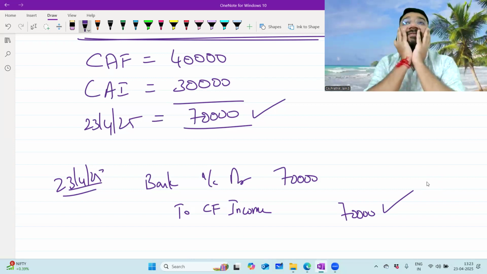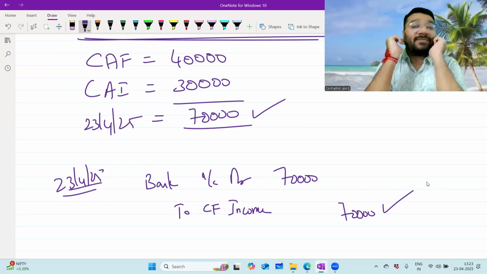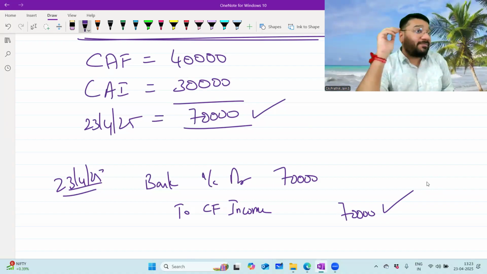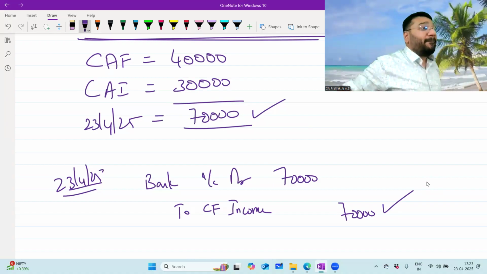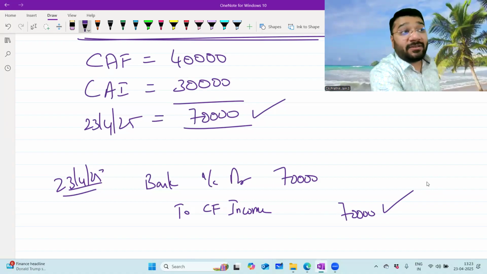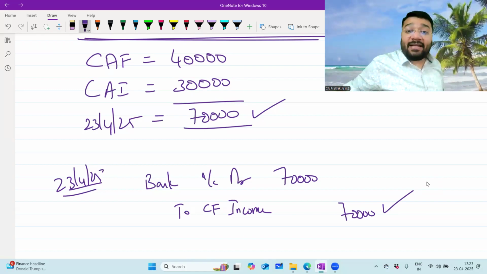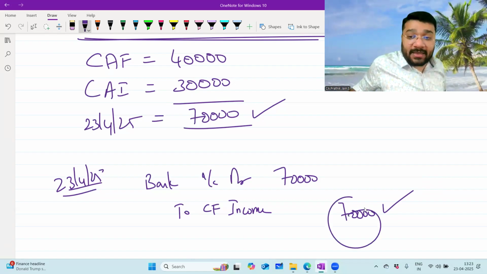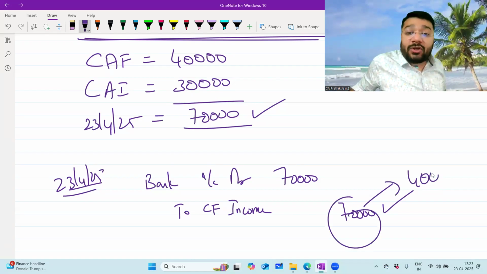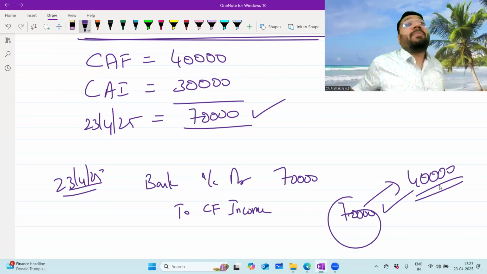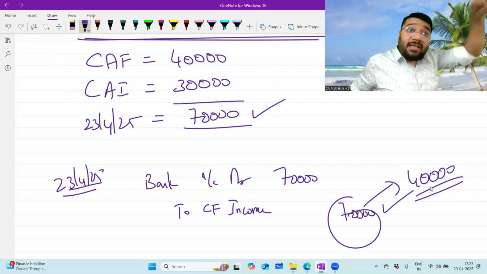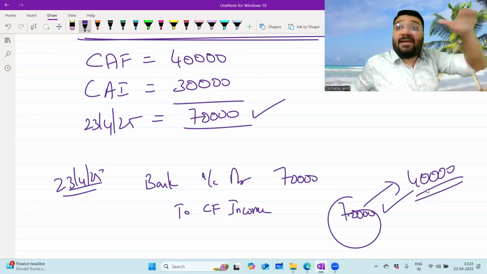What is wrong? Why are you saying this is wrong? Now that you know the concept, tell me why it is wrong. Service not yet provided. Sir, out of the 70,000 rupees, at the end of the year, 40,000 rupees will be transferred to P&L because you will complete the foundation coaching classes by year end.